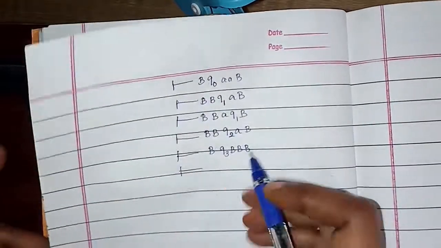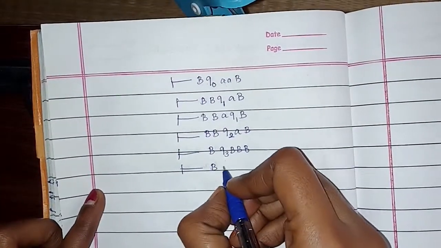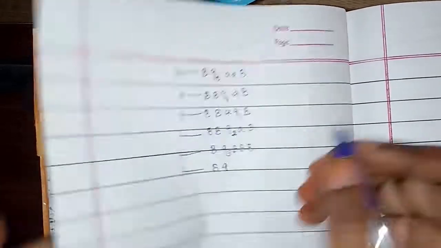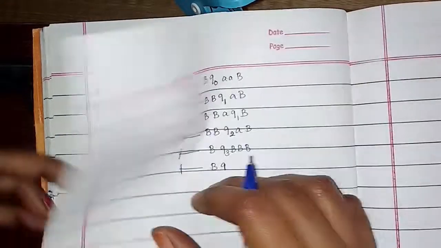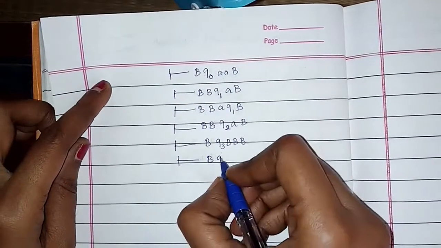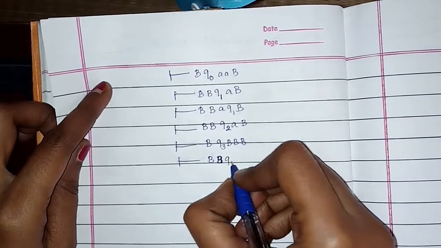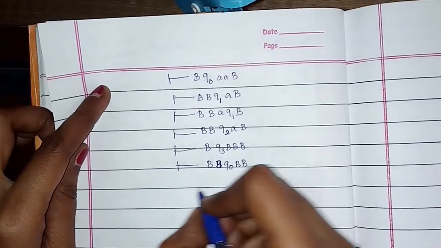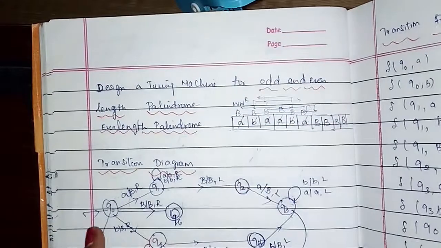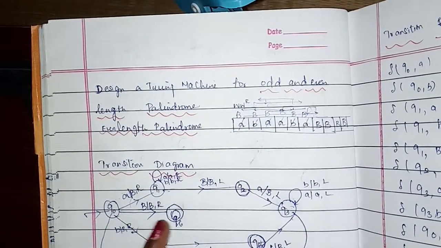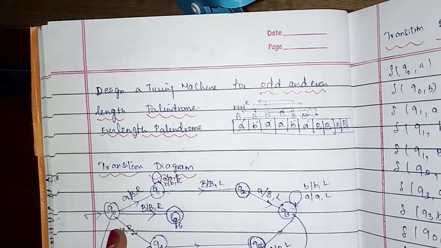So once you see this blank here, you have to go right direction. So which means Q3 on blank goes to Q0, right? So here B, Q0, BB.